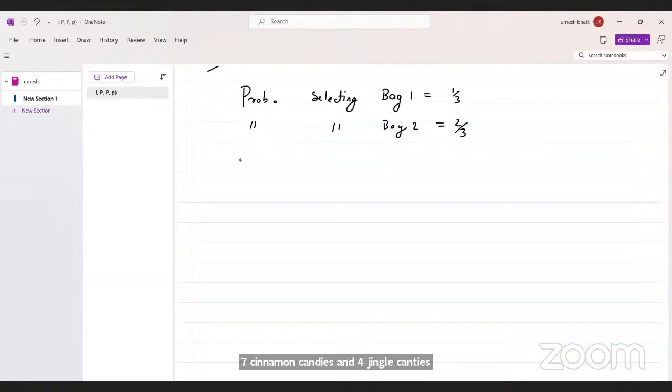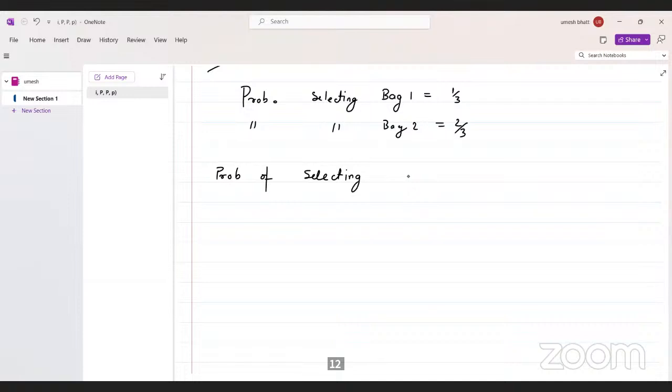So the probability of selecting cinnamon from bag 1 is 7 by 11.